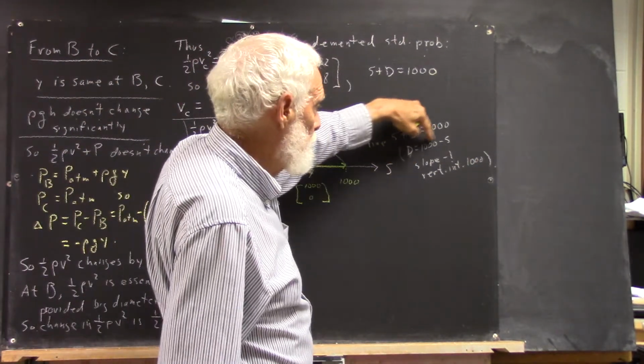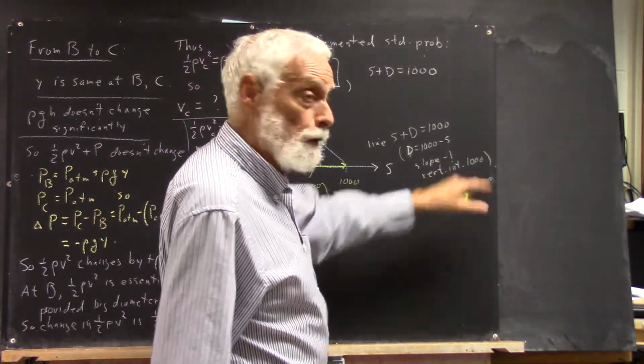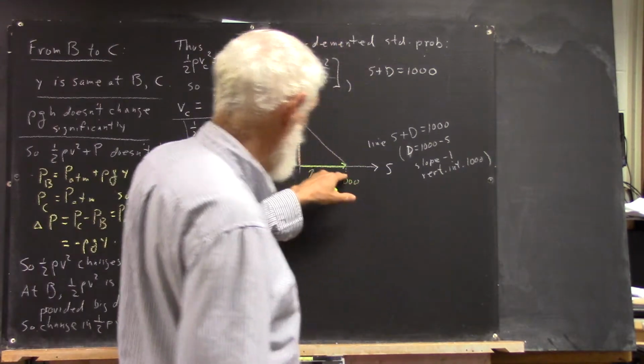On this graph, it has a slope of -1 and a vertical intercept of 1000, which of course runs it through 1000 here, right?